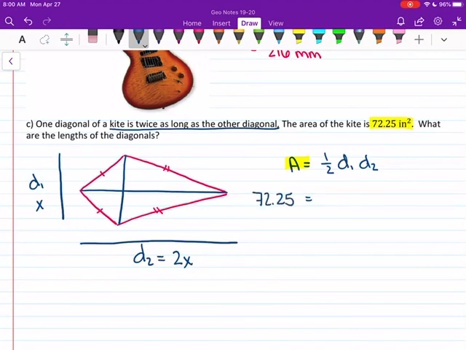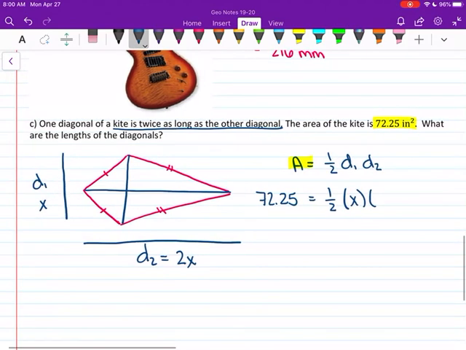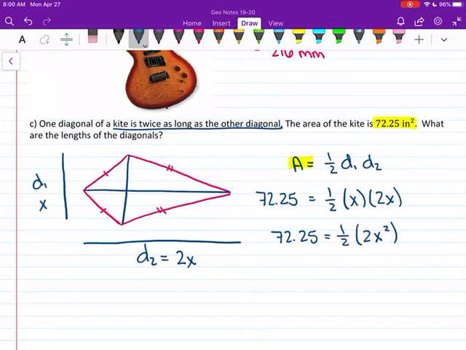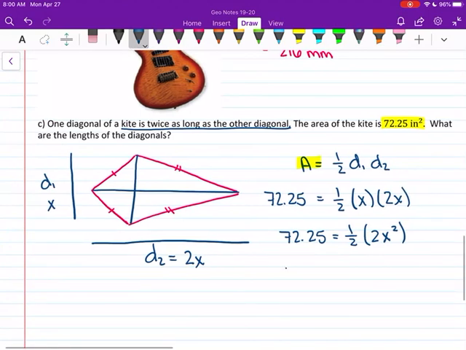So 72.25 is on this side, equals 1/2, and diagonal 1, we're calling x, and diagonal 2 is 2x. So then I get 72.25 equals 1/2, and then x times 2x is 2x squared. I'm just doing this step by step; you could skip that step.